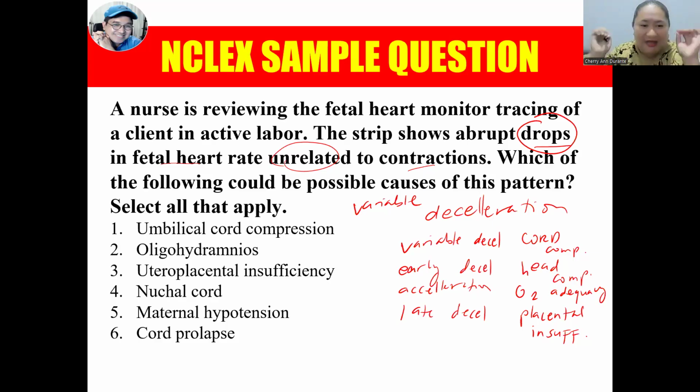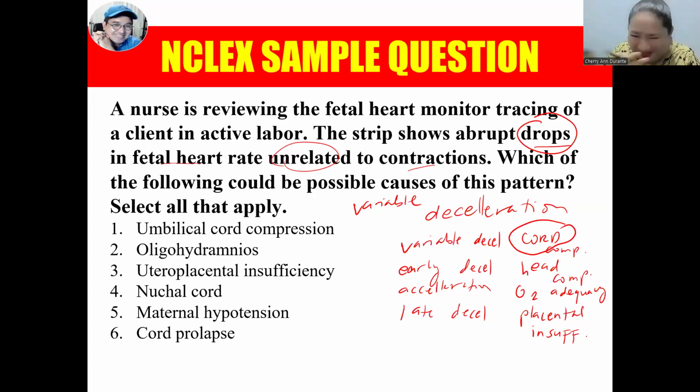Now, with that in mind, look at this keyword, cord compression. Which then will be the reason for this variable deceleration. Select all that apply. With the keyword cord. Give me your numbers, please. It's a SATA question.